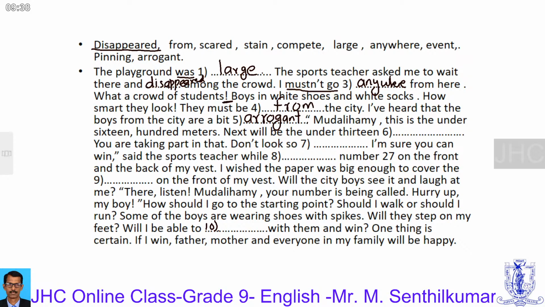Right? Mudaliyar, this is under 16, 1600 meters. This is under 1600 meters. Next will be under 13. What are the programs in the sports meet called? Not programs, we call them events. Have you understood it?